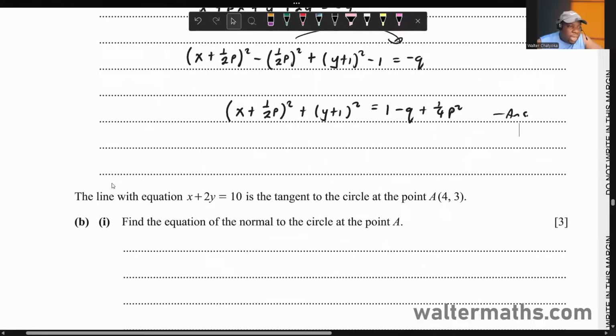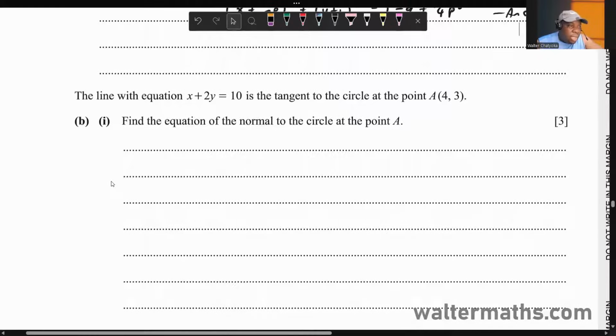Let's go on to the next part, which says the line with equation x + 2y = 10 is the tangent to the circle at the point A (4, 3).